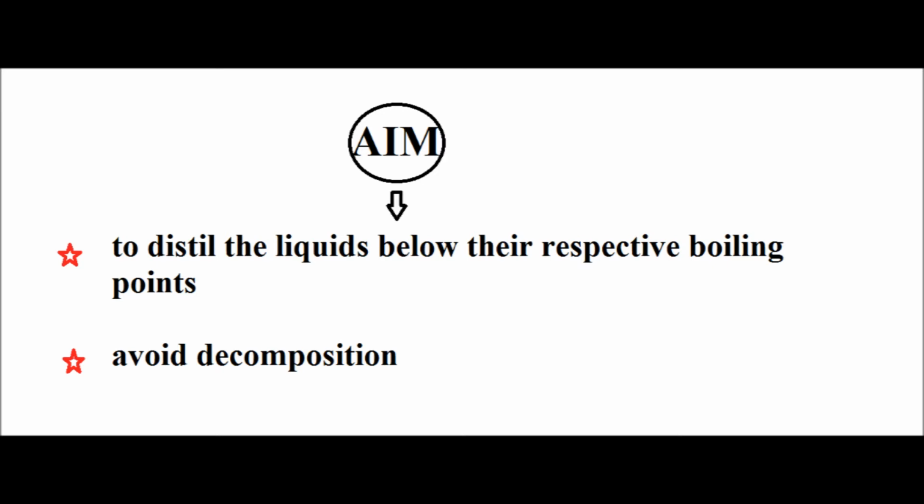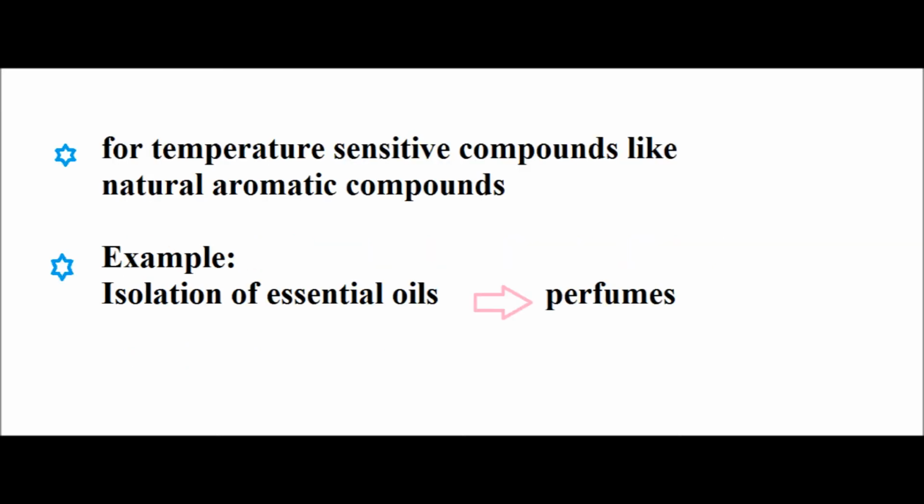Steam distillation is mainly used for separation of temperature-sensitive compounds like natural aromatic compounds, for example, isolation of essential oils, which is required in perfumes. Let's move to the schematic representation of steam distillation.